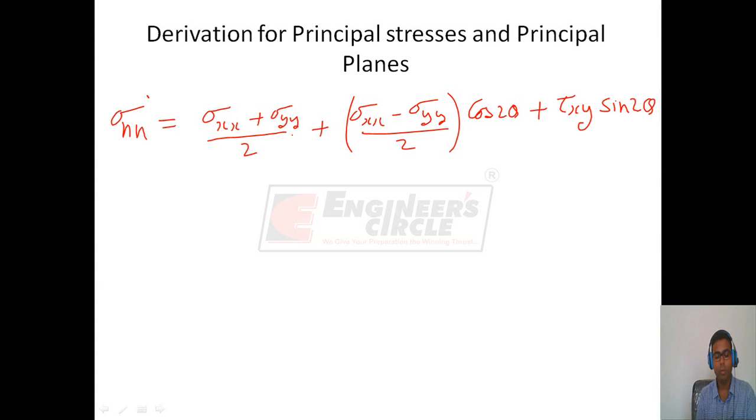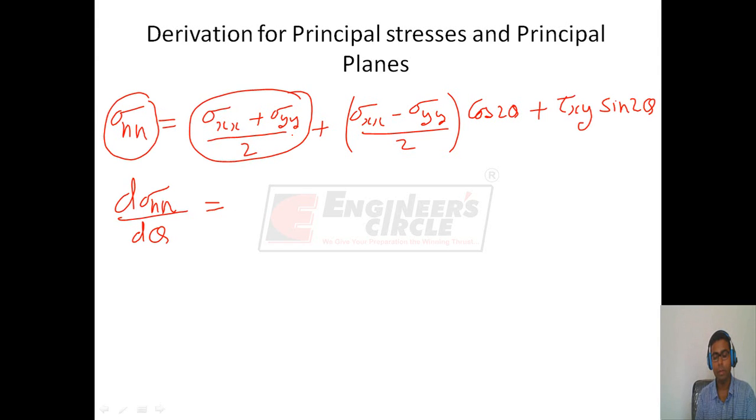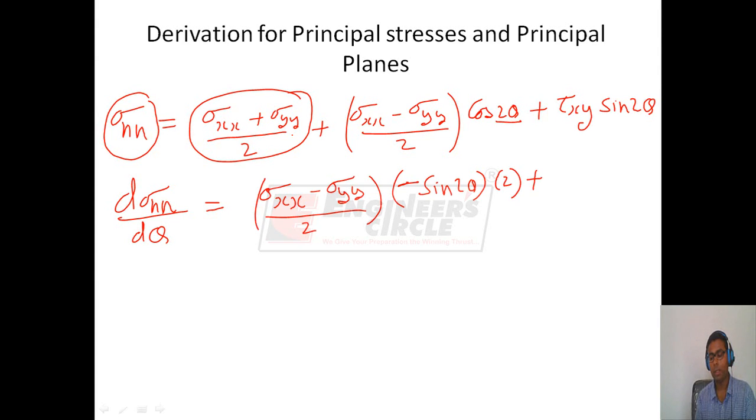To find the maximum value of normal stress, differentiate normal stress with respect to theta. This is a constant term, so its differentiation will be 0. For the second term, we get (sigma xx minus sigma yy)/2 into differentiation of cos 2 theta, which is minus sin 2 theta into differentiation of 2 theta, which will be 2, plus differentiation of this term, which is tau xy into cos 2 theta into 2.